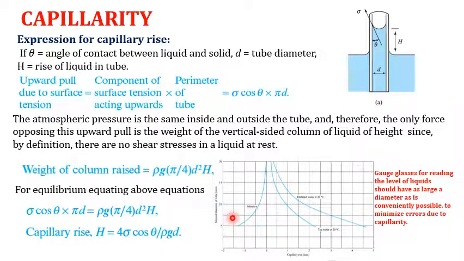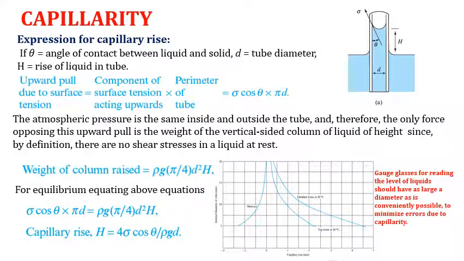Here we have 5, 10, 15, 20. Now for distilled water at 20 degrees centigrade, if we increase the internal diameter of the tube from 5 to 20 millimeter, the capillary rise will reduce from 4.7 millimeter to almost 0.6 millimeters.